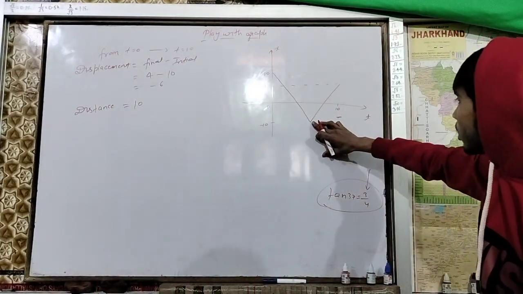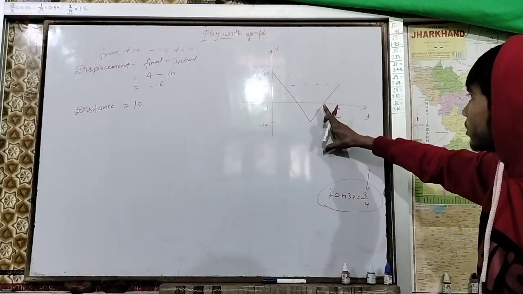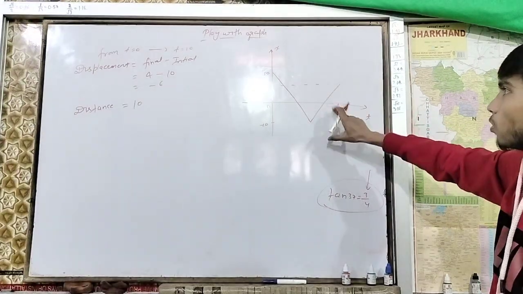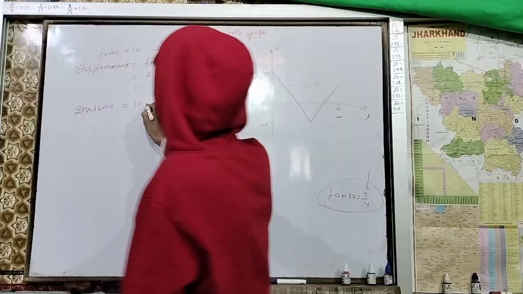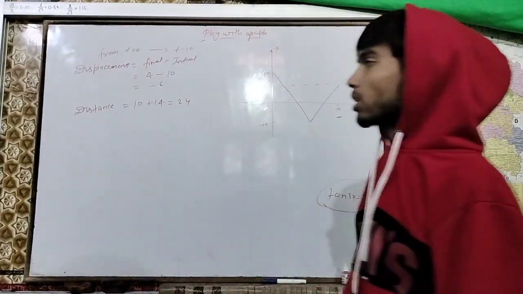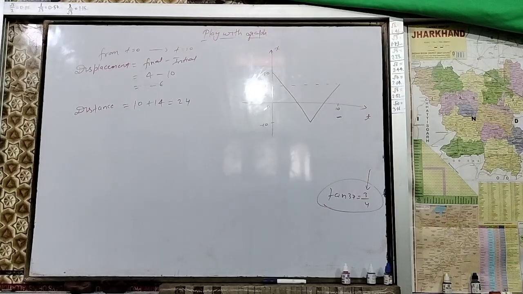Now it is going upward, so 10 and then 4, so it will become 14. So 14 plus 10 is nothing but 24. So 24 is the total distance. But when it comes to displacement, it would be minus 6.